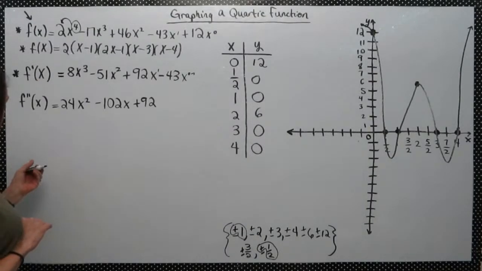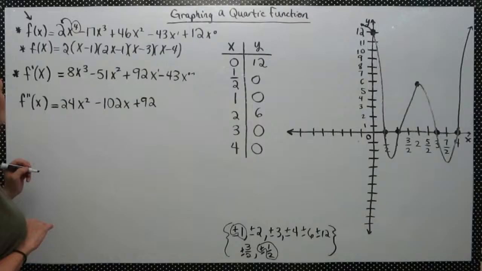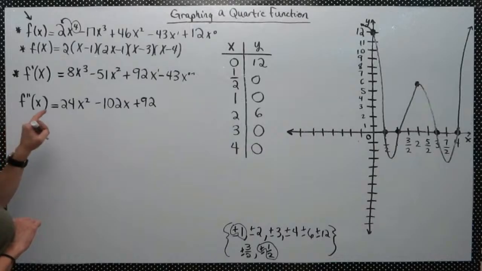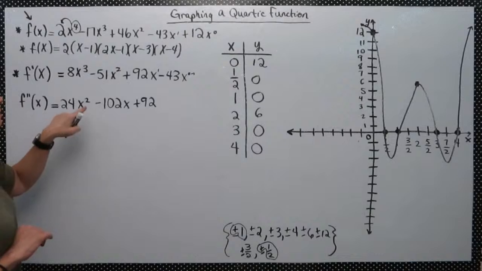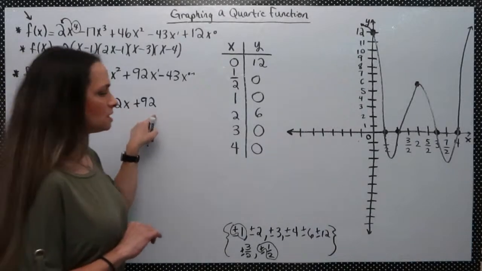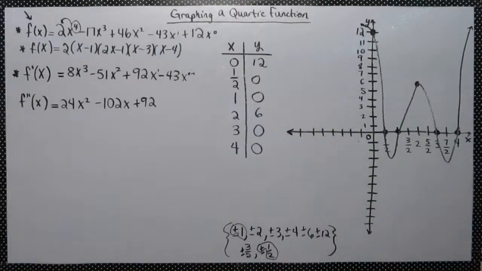One of the things I'm realizing through this project is how much I've forgotten. So hopefully I remember it. All right, I don't think 24 goes into 92. Let me see. No.